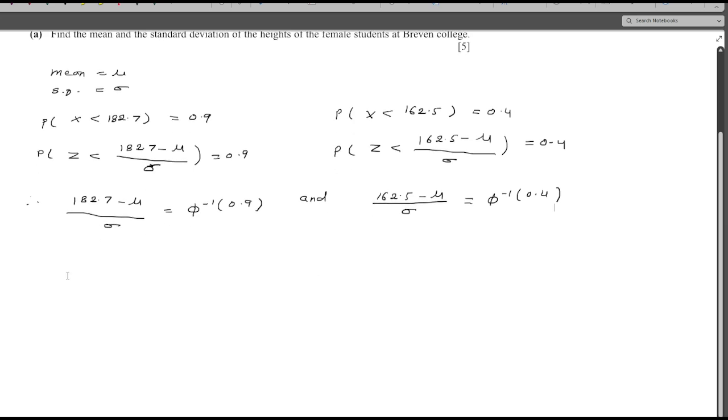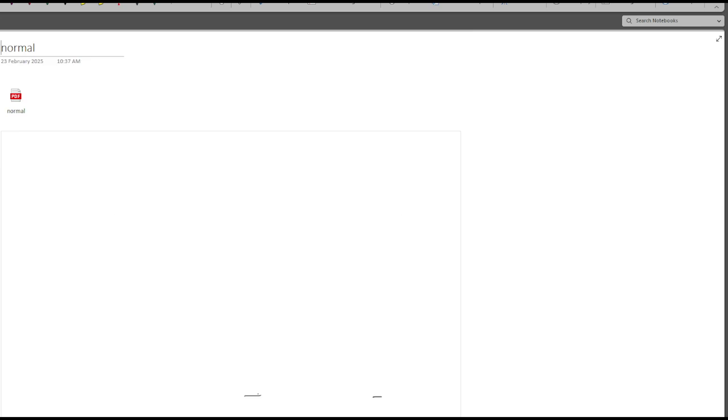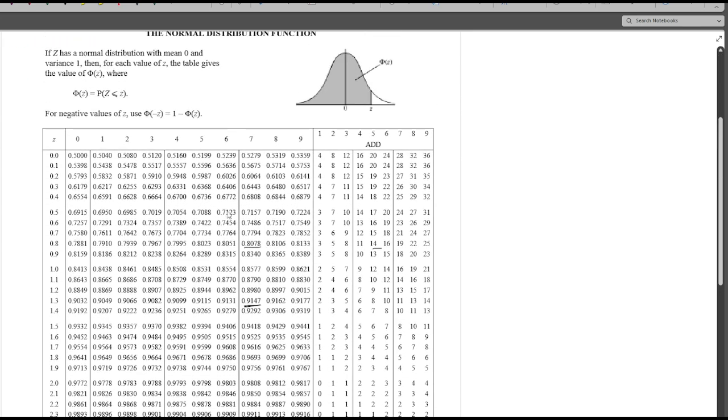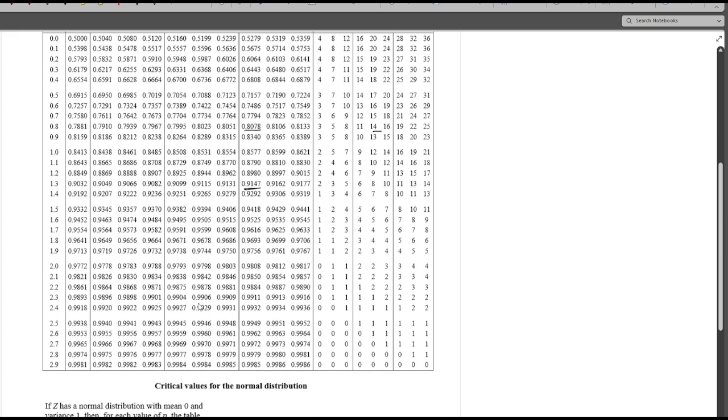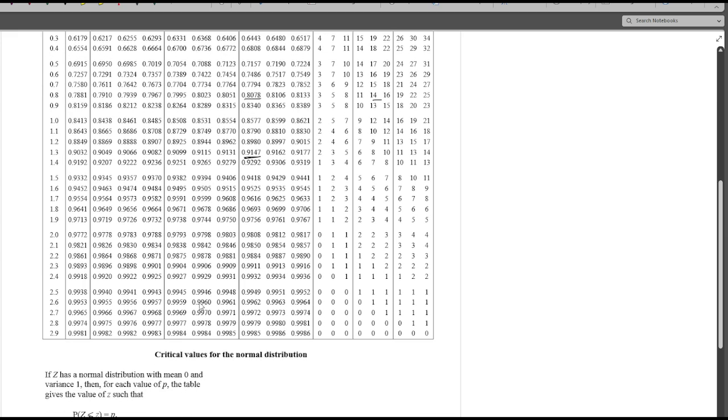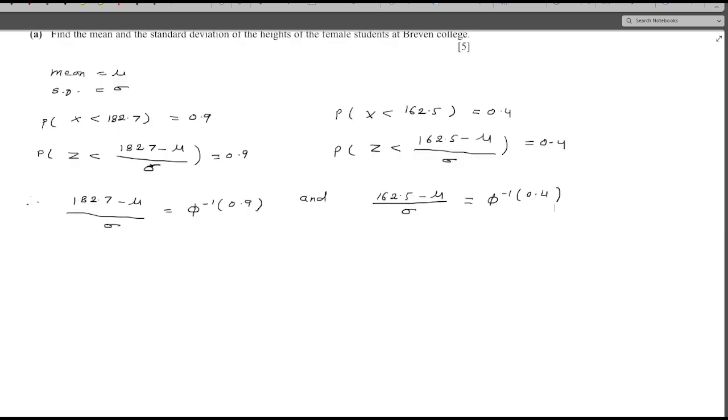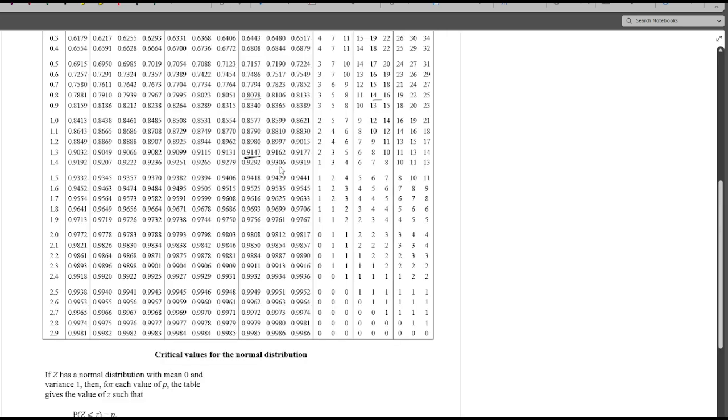Now phi inverse of 0.9, if you check this normal table, this is your probability, but now I don't require probability. Probability is already given 0.9. I have to find out the corresponding z value. Here z is less than z1, that z1 I need to find out. So here I will see 0.9. Now here you can say that it is 0.8997.